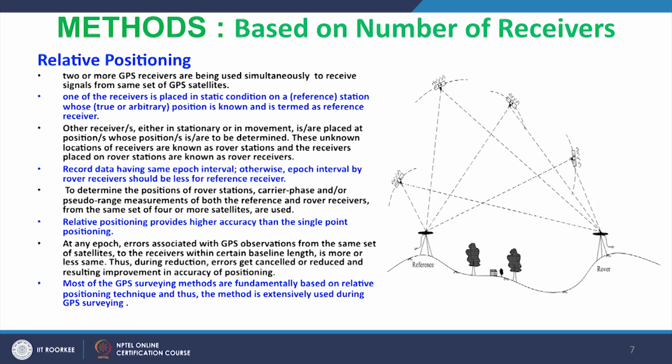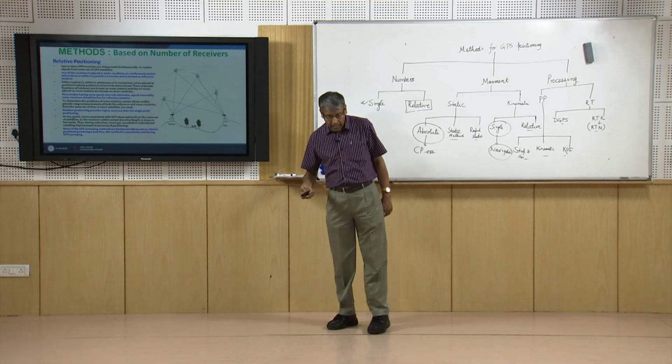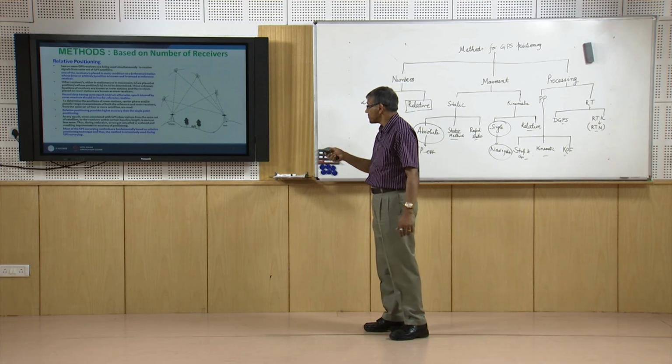This is also called a control point. The other receiver, which is placed at the point whose position is to be determined, is called the rover station or rover point, and the receiver is called the rover receiver.